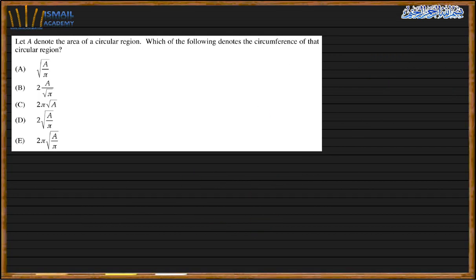question. Let A denote the area of a circular region. This means a circle. Which of the following denotes the circumference of that circle? What's the circumference? Like we just said, it's the angle times the radius, but we know the angle of the whole circle is 2 pi, so it's going to be 2 pi times r.